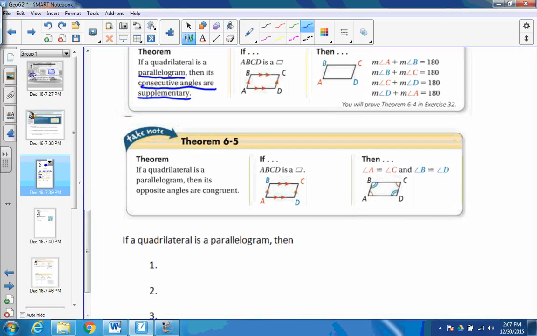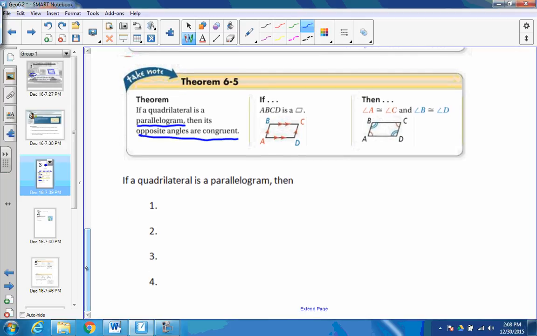And if we have a parallelogram again, this is Theorem 6.5, then the opposite angles are congruent. So if we look at the picture here, angle B is congruent to angle D, angle A is congruent to angle C.